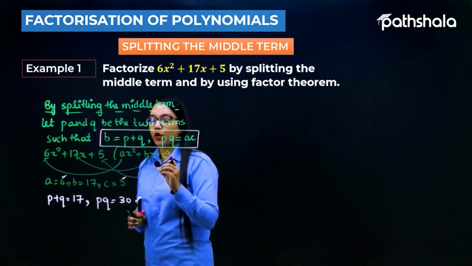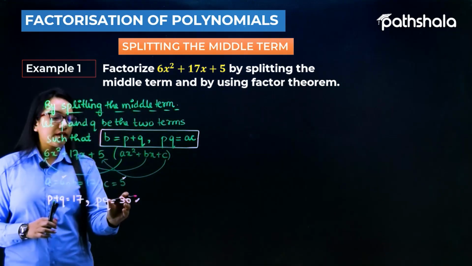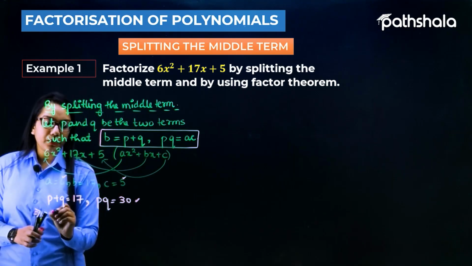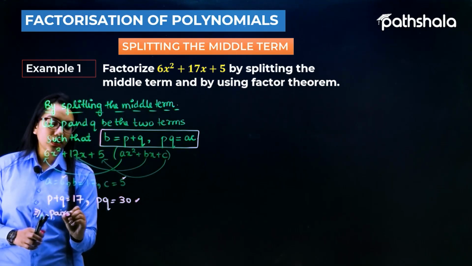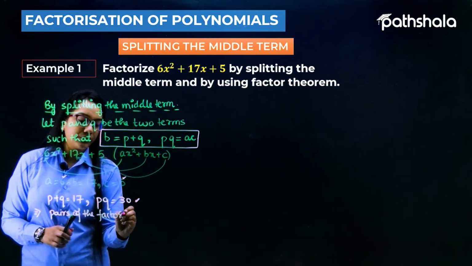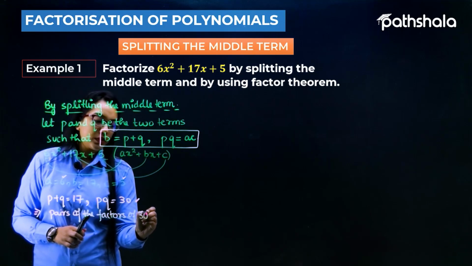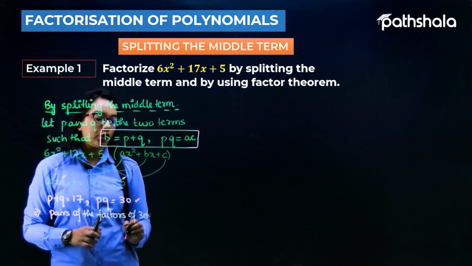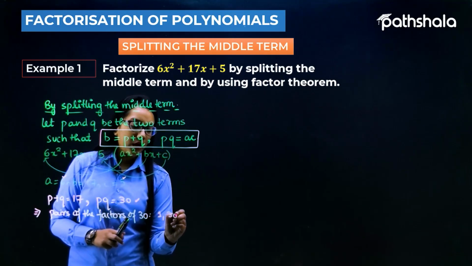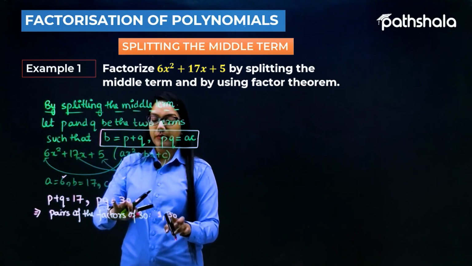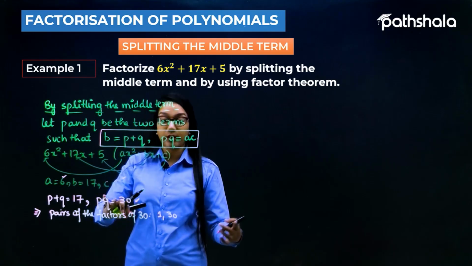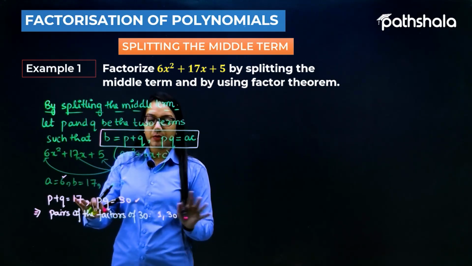So the very first pair can be 1 and 30. 1 into 30 is nothing but 30, but if we add both of them, that is 1 plus 30, it will give the answer as 31. So it is not satisfying this particular condition.